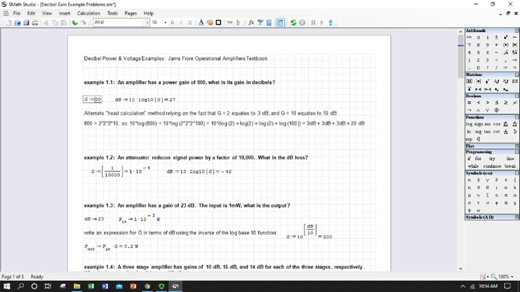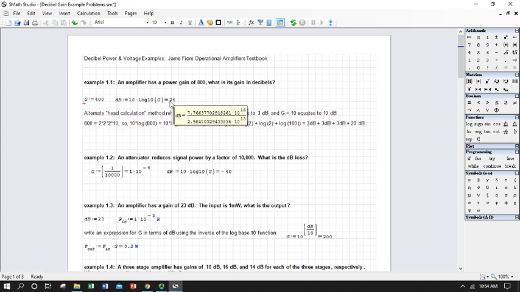Maybe I'll cut my ordinary gain down to 400. So rather than a power out over power in of 800, now it's only 400. Maybe we lost some power in our amplifier, something overheated, and we have more resistive losses. So our decibel gain dropped from 29 to 26.